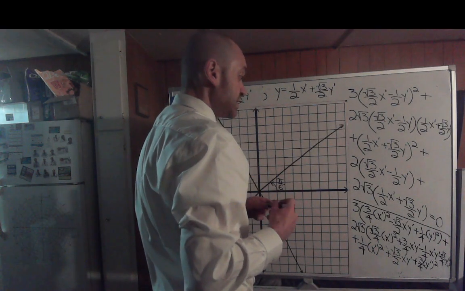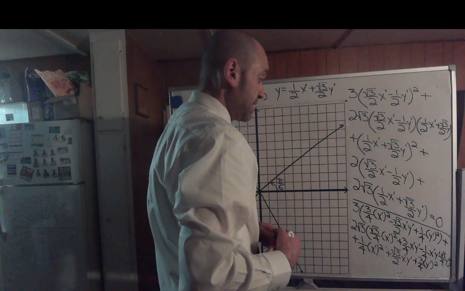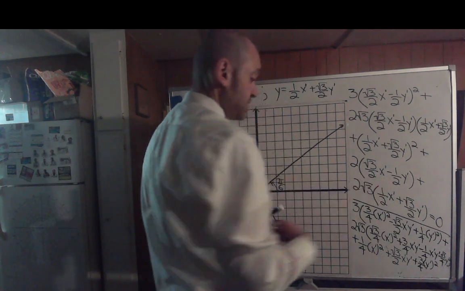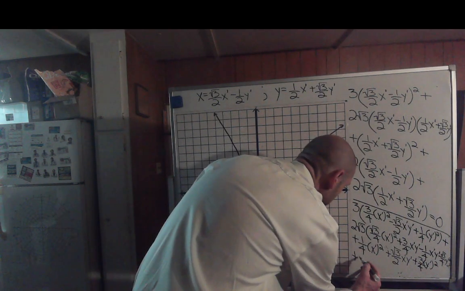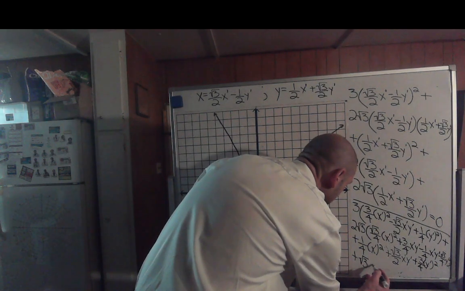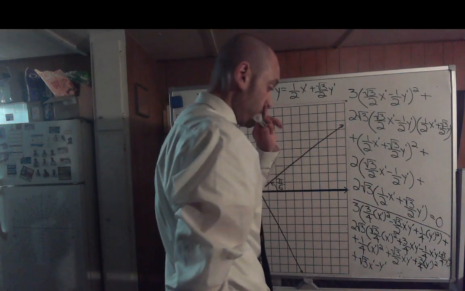And then, let's see, I still have two more terms. So the 2x term would just be 2 times this. So that would end up being plus, if I distribute that 2, square root of 3 x prime minus y prime. And then I just distribute the 2 times the square root of 3 through.